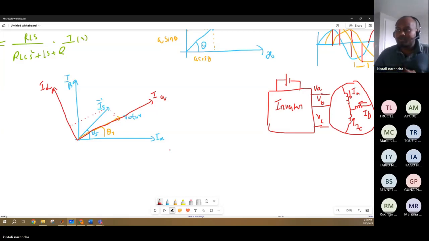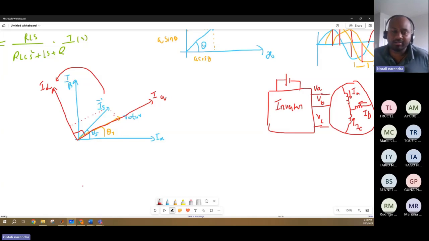Now, what is my aim? My aim is to make the angle between the rotor and the stator 90 degrees. If I can push my IS to ID, then the angle between the stator and rotor will be 90 degrees. Do you agree with me? So I need to build a control system in order to develop the maximum torque.